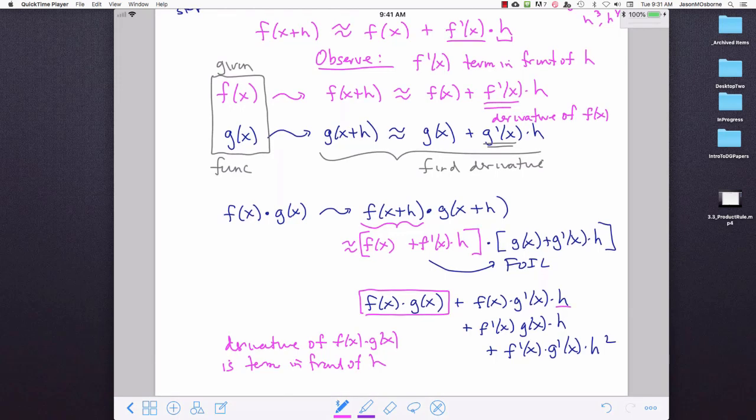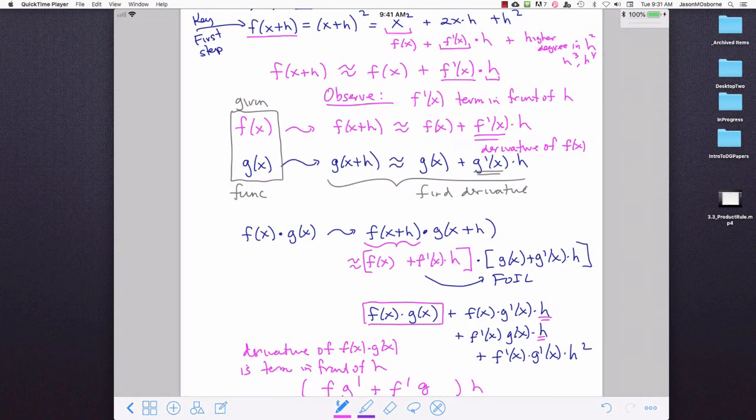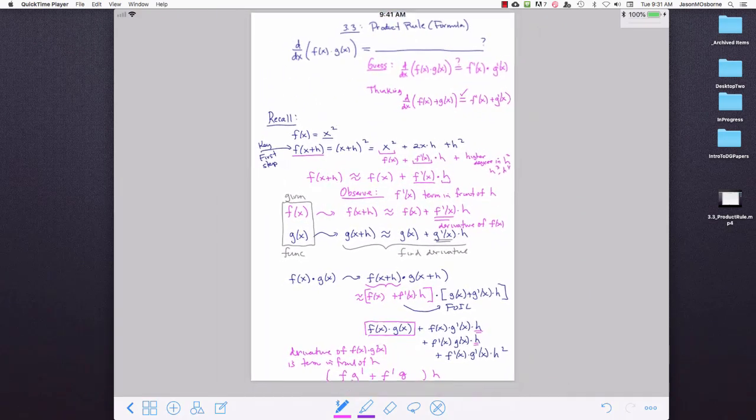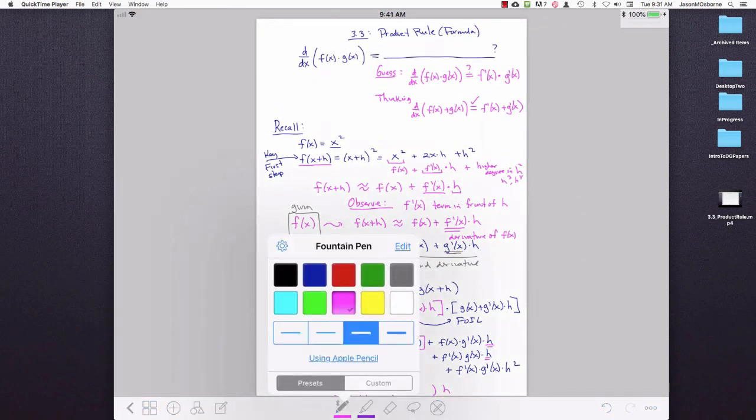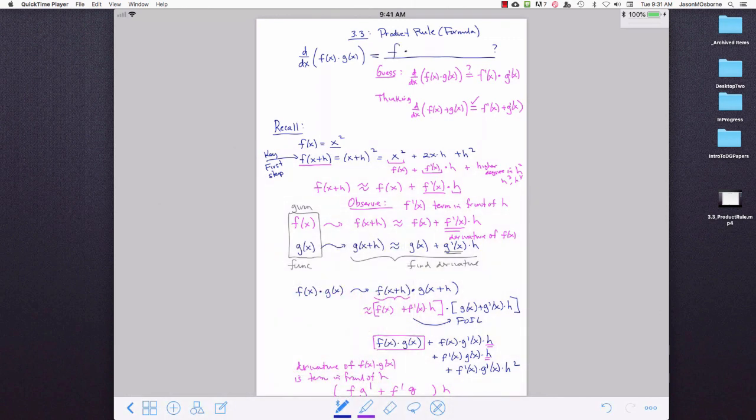And there are two h terms here, so you could factor out the h, and you get f g prime plus f prime g, which says that the derivative of a function f of x times g of x, the correct formula, is the first function times the derivative of the second plus the second function times the derivative of the first.